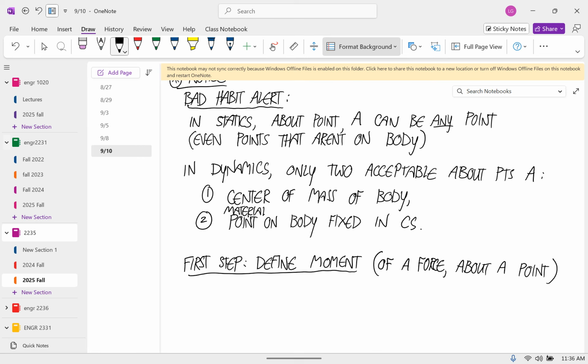In physics, you probably use the terms moment and torque interchangeably. In engineering, we use torque to mean a specific combination of moments, so we're going to use the word moment instead of torque. Physicists tend to use them interchangeably because they don't deal with anything specific. They don't have to worry about stuff like that.